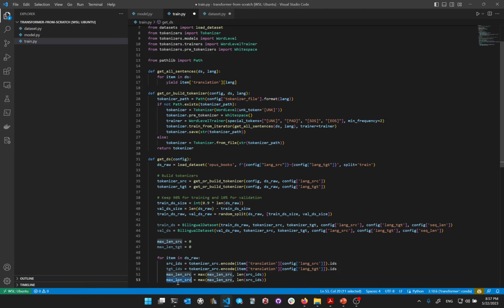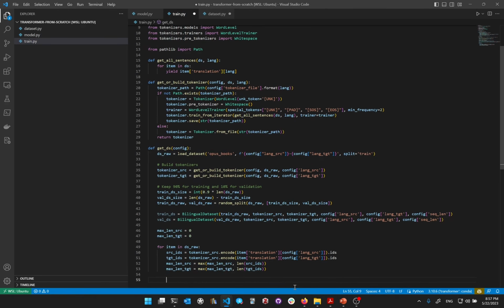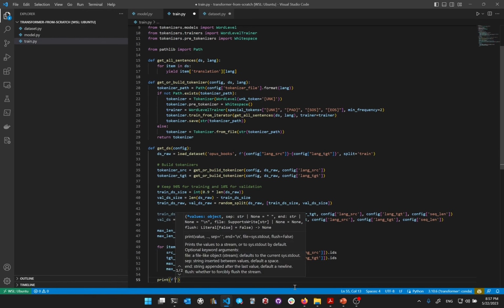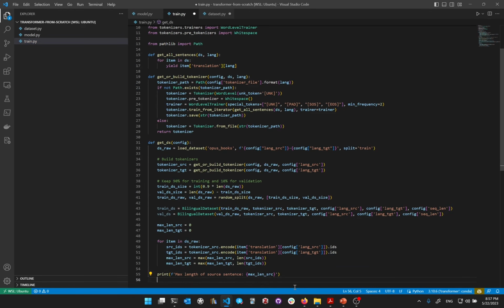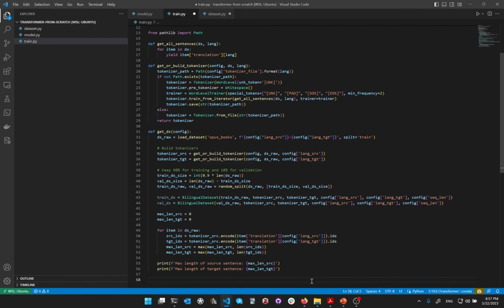The target is the target and the target IDs. Then we print these two values. We also do it for the target. And that's it. Now we can proceed to create the data loaders.